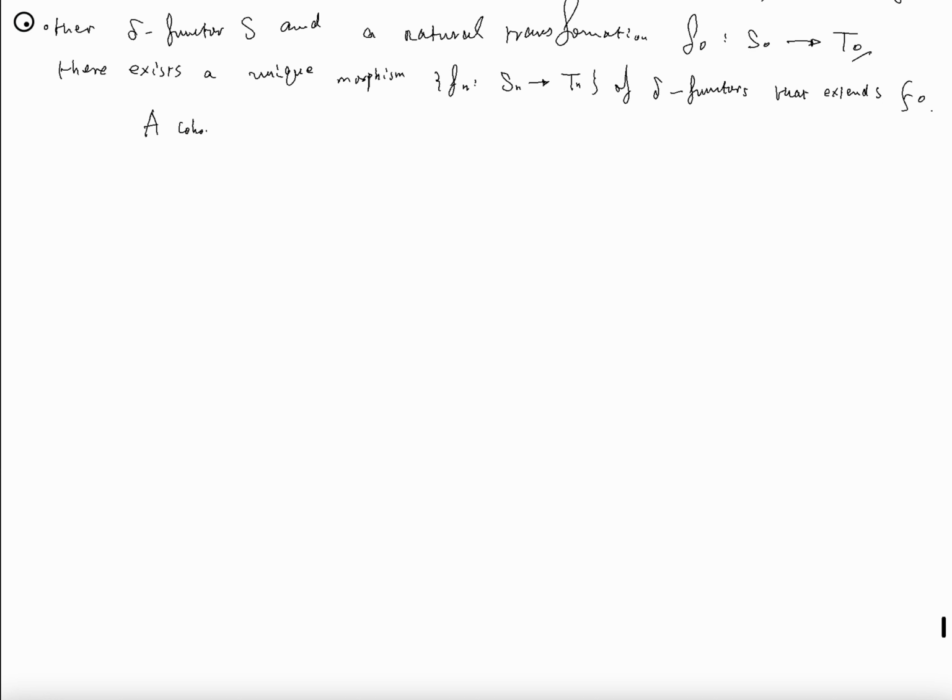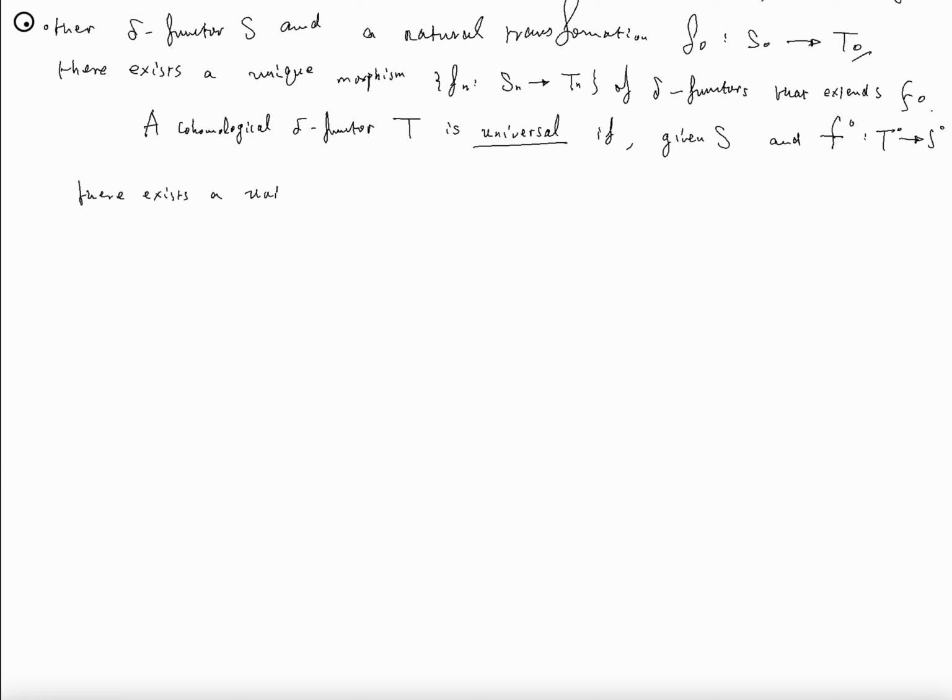Yeah, a cohomological delta functor T is universal if, given S and F0, there is this unique morphism of delta functors extending this F0.